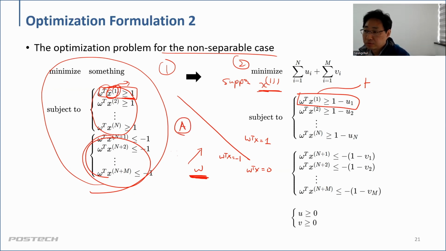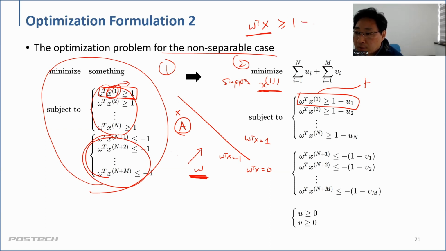In that case, say this is x, omega transpose x does not hold, because this might be smaller than 1.